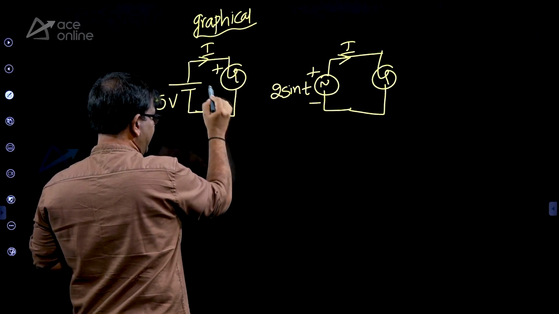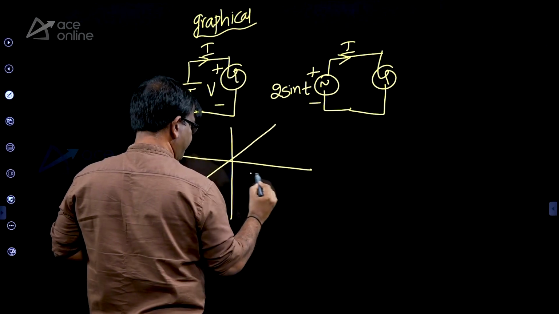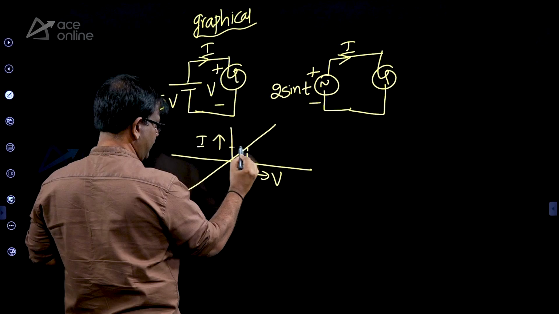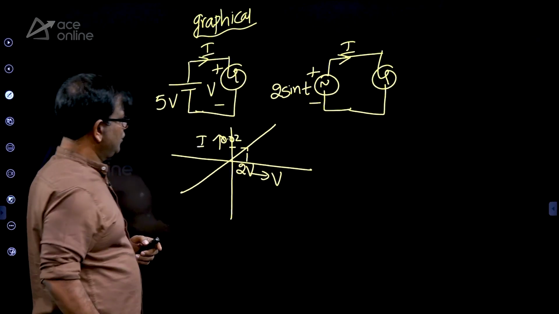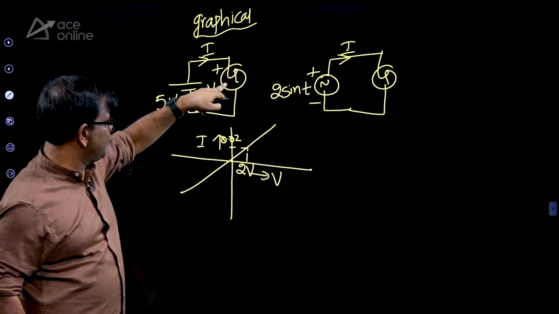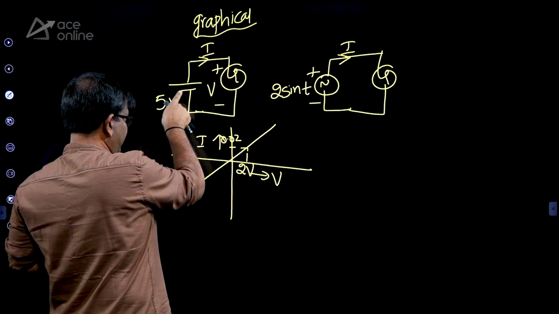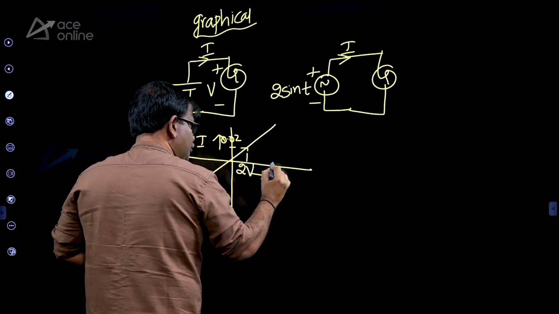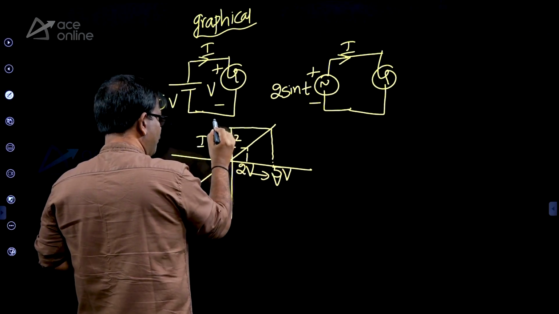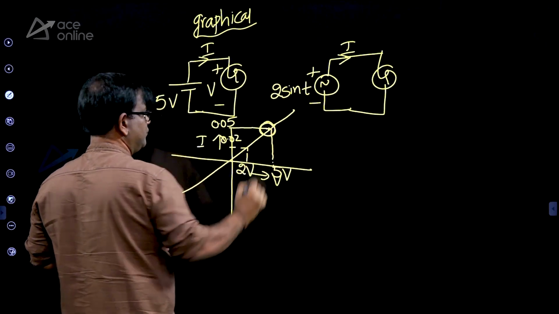The bulb has a characteristic. Suppose the bulb has a characteristic of, say, 2 volt and the current is 0.02. So this is the characteristic of the bulb. When I give 5 volt, we are replacing this bulb by a resistor. If you don't want to do that, if I give 5, what is the current? You can actually choose an operating point here. If I give 5 volt, this is going to be 0.05. So this approach we will not do, right?